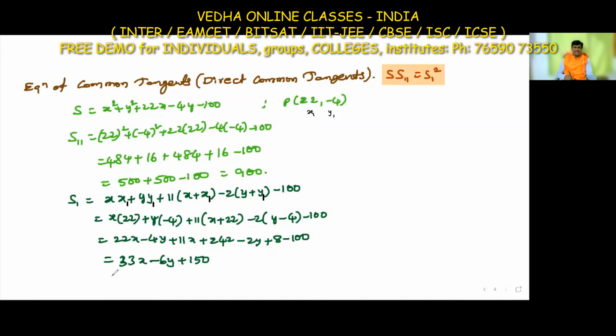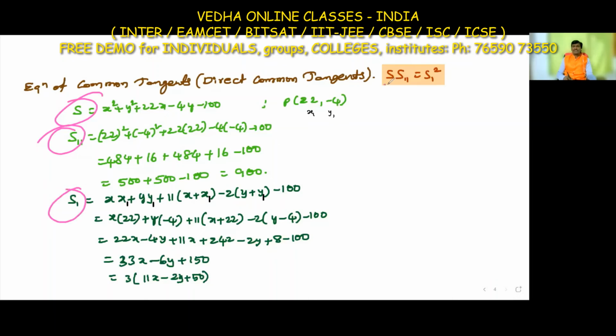I think 3 is common, we can write the 3 common. So 3 into 11x, 3 into 2y, and 3 into 50. This is S1. Now we have the values of S double one and S1.